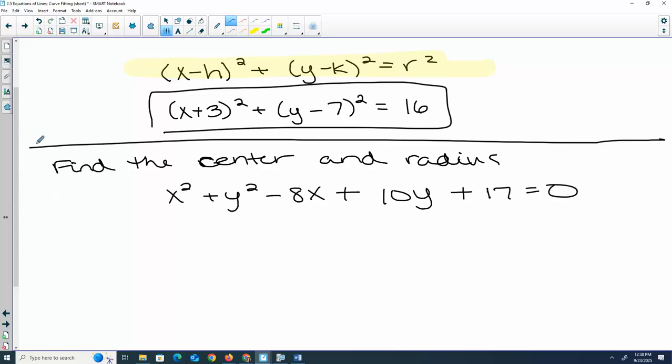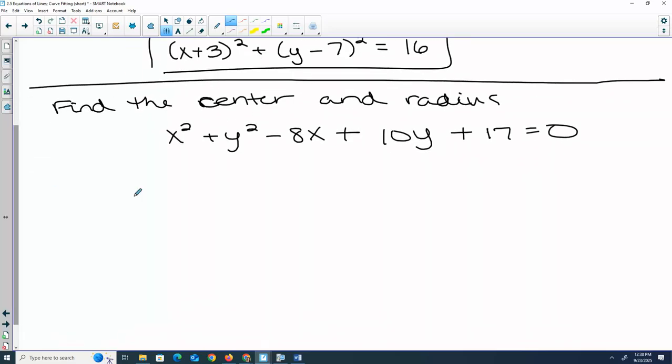What did we have to do to get a center and a radius from this? Put them into the x's and the y's. We put the x's together, left ourselves some room, put the y's together, left ourselves some room. What did we do with this 17? Right, and then remember we completed the square twice.